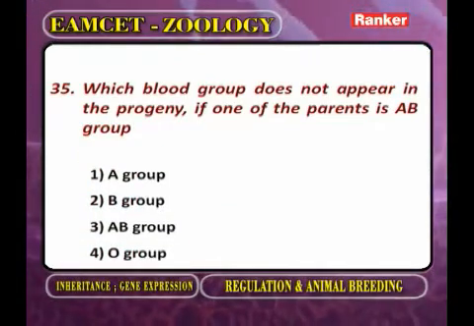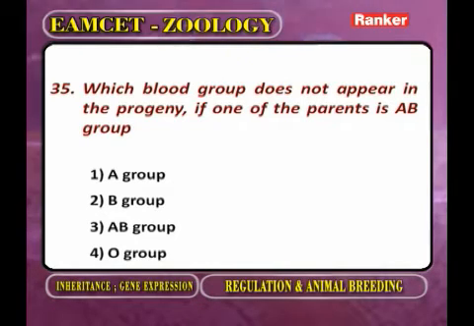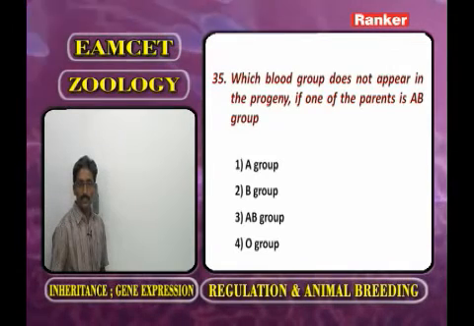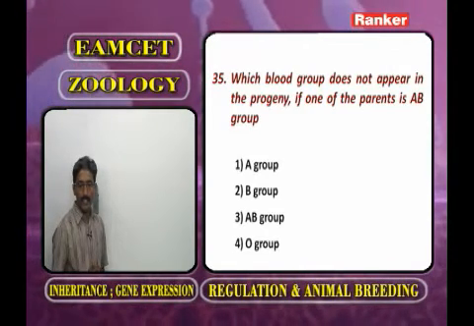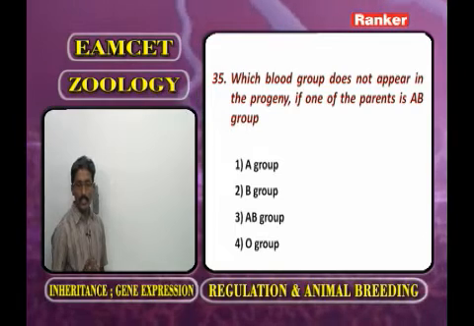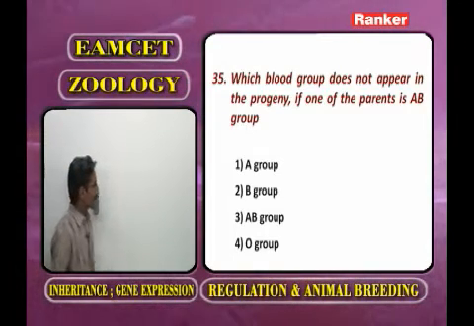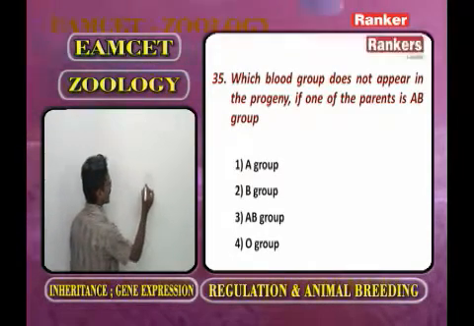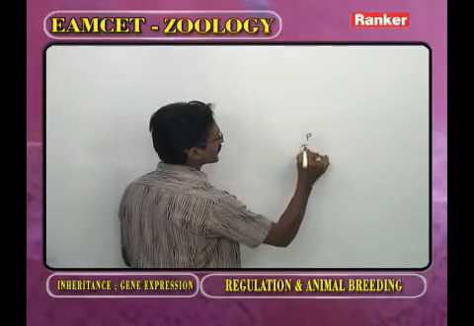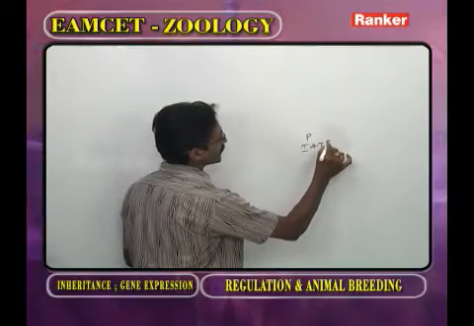Now the next question: which blood group does not appear in the progeny if one of the parents is AB group? Again you observe the question. For example, one parent's blood group is AB, IAIB.